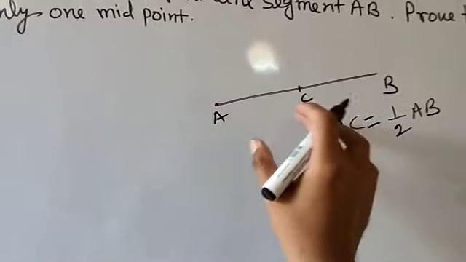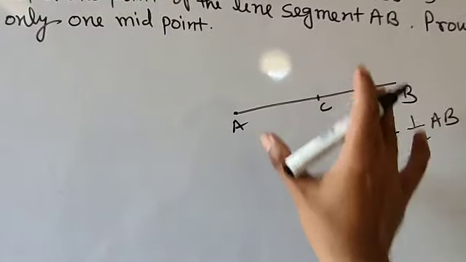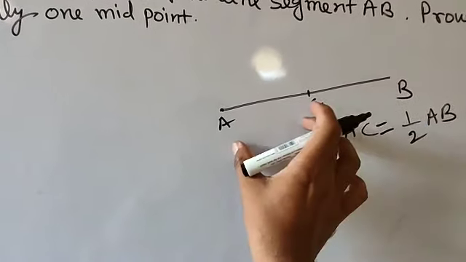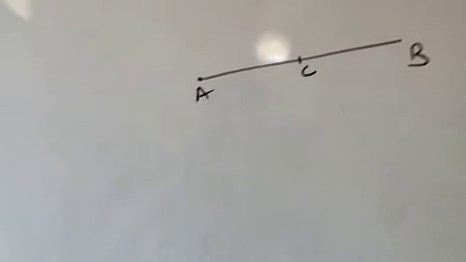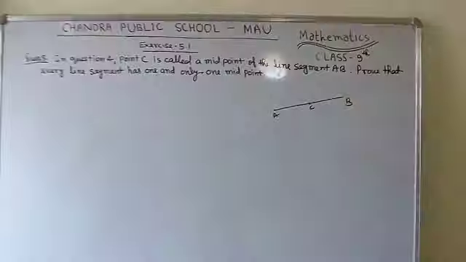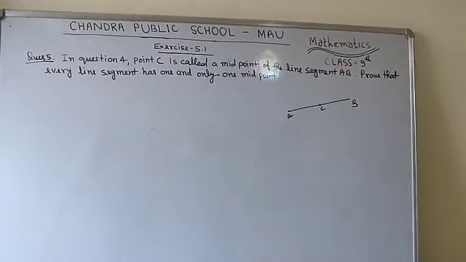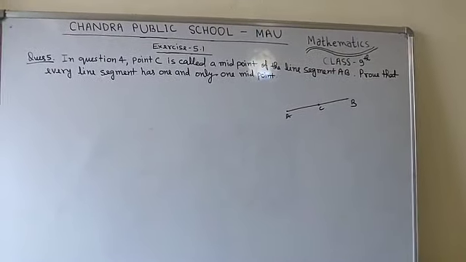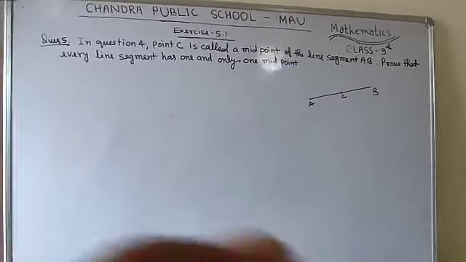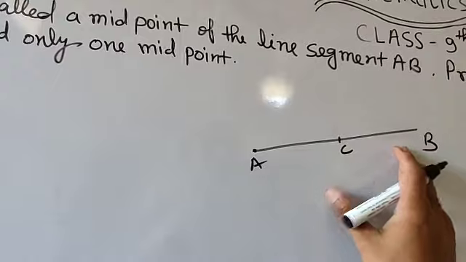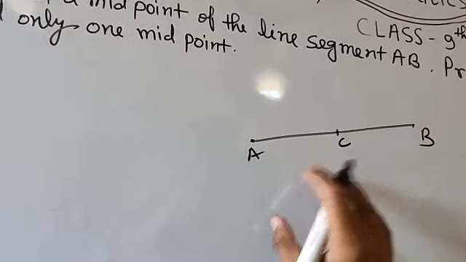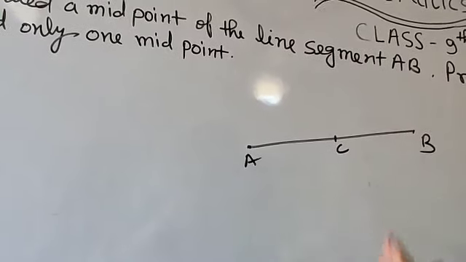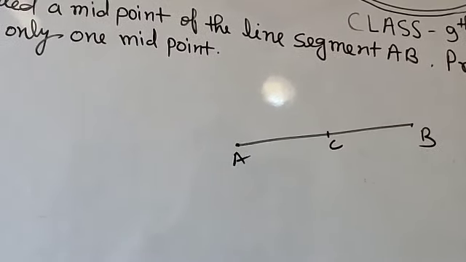So when C was the midpoint of AB, AC will be half of AB. But here you need to prove that every line segment has one and only one midpoint. All of you know that you can only get one midpoint of a line segment, but here you need to prove it.